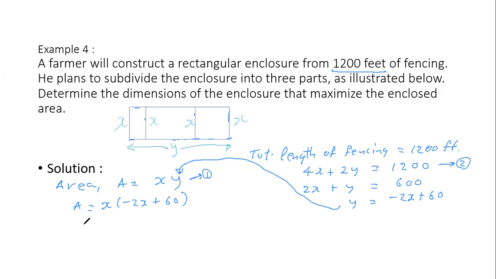Determine the enclosure that maximizes the enclosed area. So this is equal to negative 2x square plus 600x.